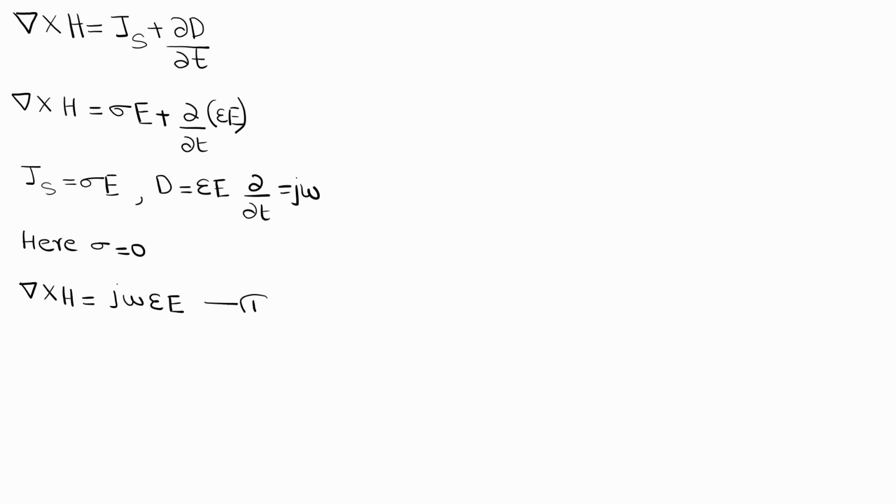Then del cross H, we can write in the determinant form, that is Ax, Ay, Az, dou by dou x, dou by dou y, dou by dou z, and the vector components hx, hy, and hz.